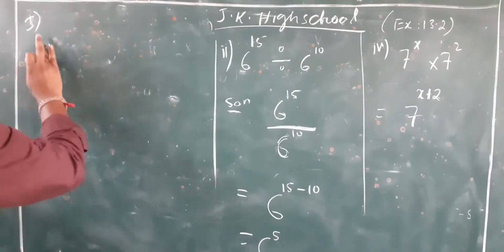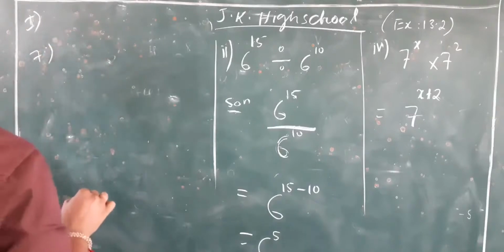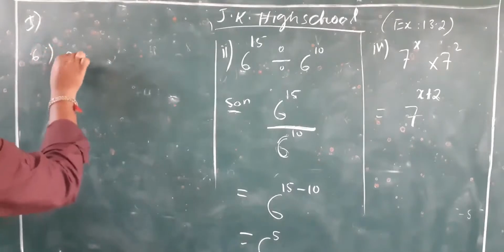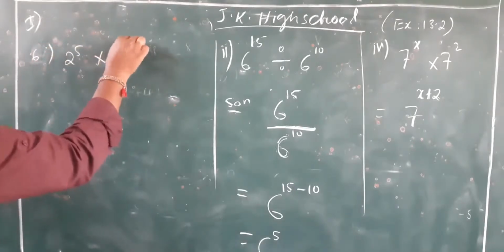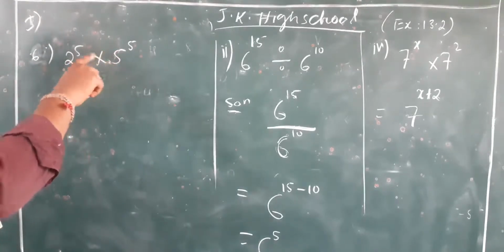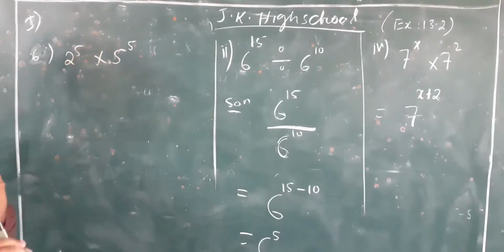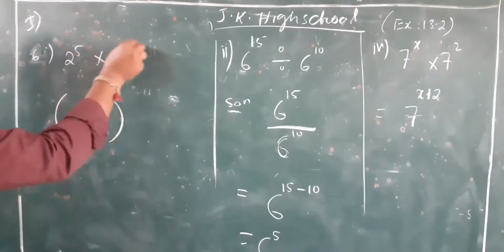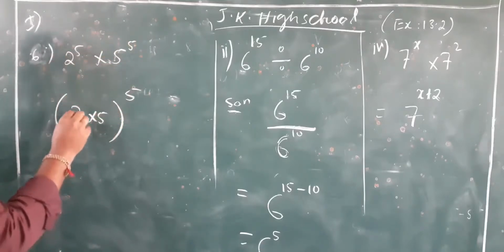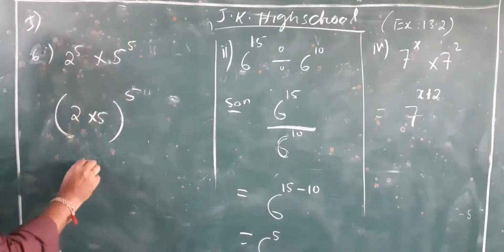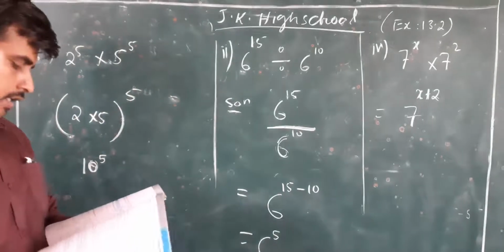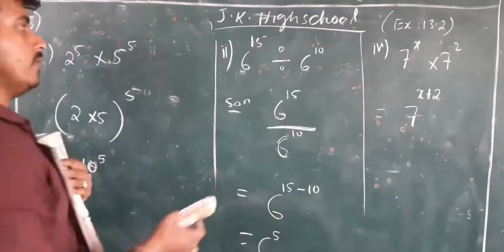Better you take the sixth one only. 2 raised to 5 into 5 raised to 5. a raised to m into b raised to m. Bases are different, but the powers are same. In this case, what you can do? You can take the same power common outside, and inside 2 into 5. 2 into 5 will give you 10. 10 raised to 5 is the answer.